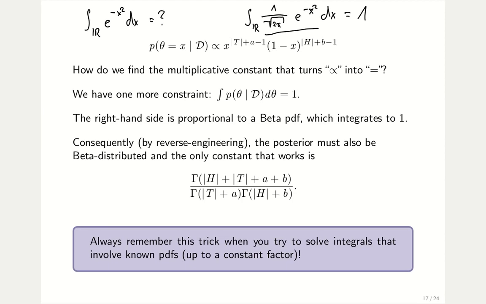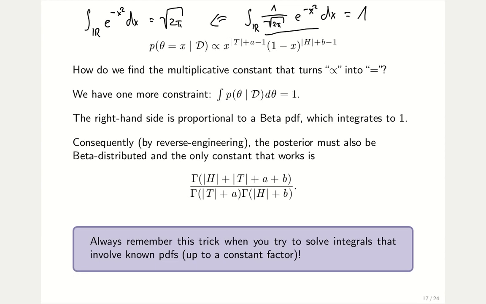So we can divide by this constant, and this immediately implies that we know the result of this integral, and it needs to be the square root of 2 pi, which is the inverse of the normalizing constant of this other PDF.